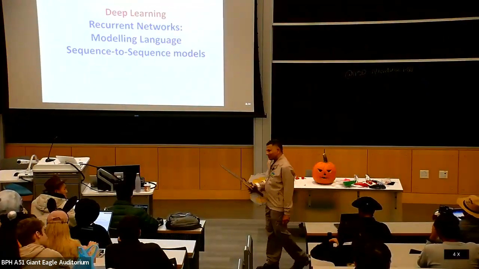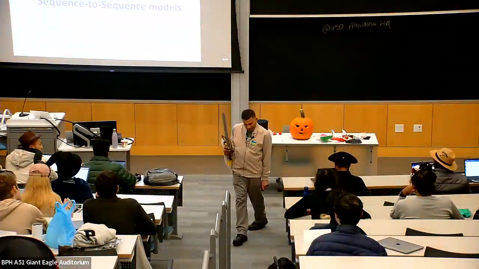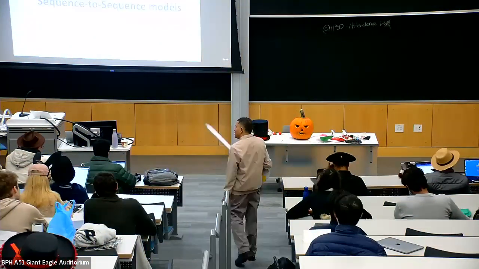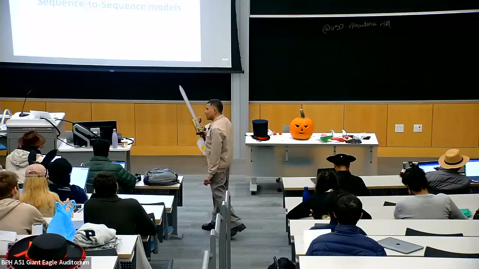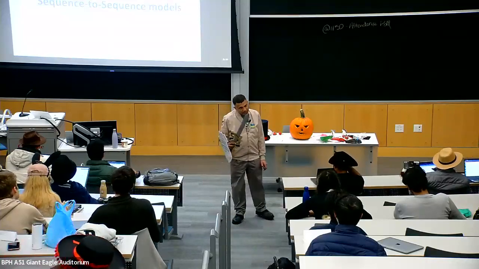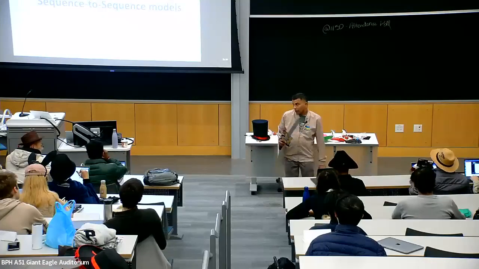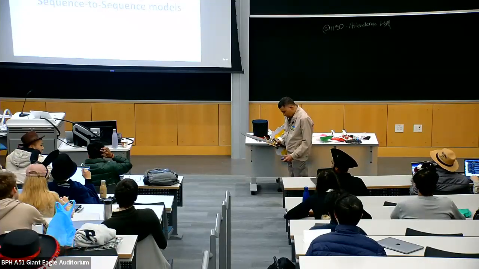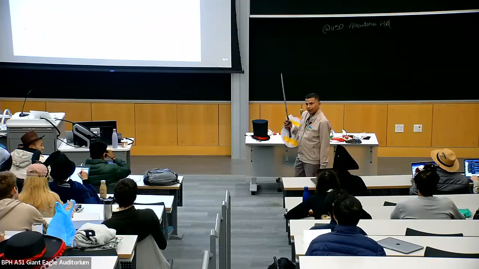And so let me begin. We're going to continue our series of lectures on recurrent models. But specifically, the kind of models we are going to be looking at are sequence-to-sequence models.